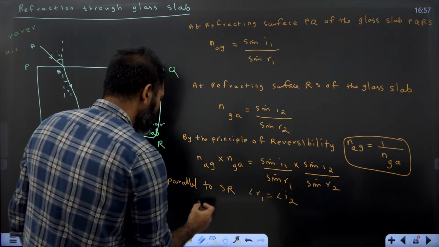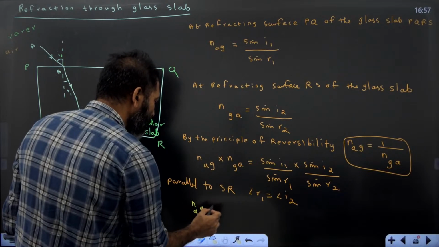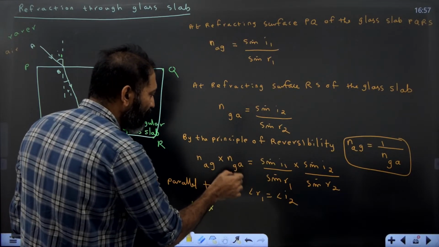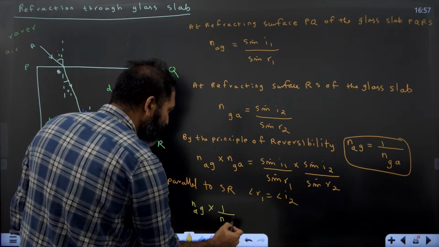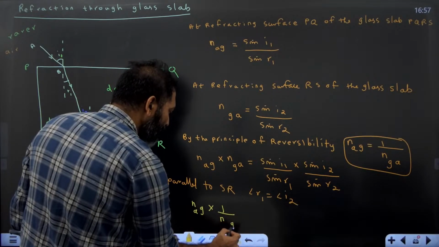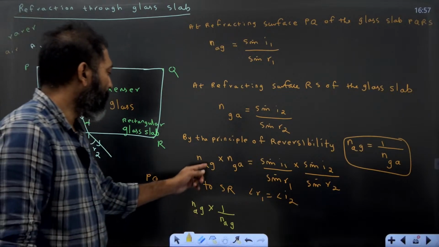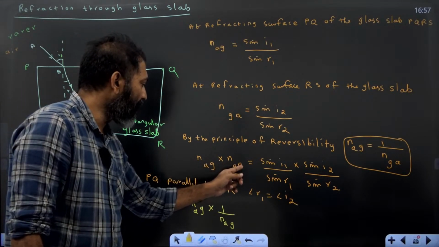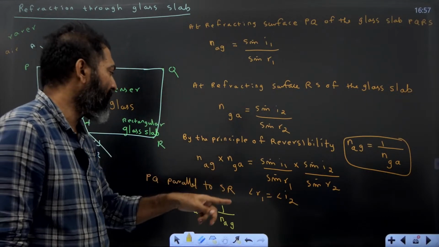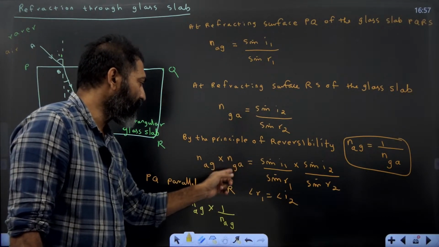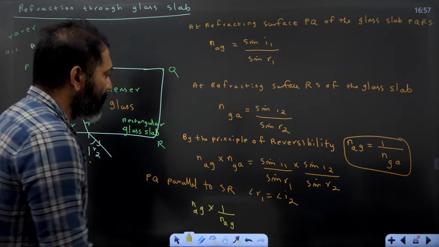Coming back, instead of refractiveness of air with respect to glass, I can write 1 by refractiveness of glass with respect to air. Any doubt? By the principle of reversibility, refractiveness of air with respect to glass is 1 by refractiveness of glass with respect to air.